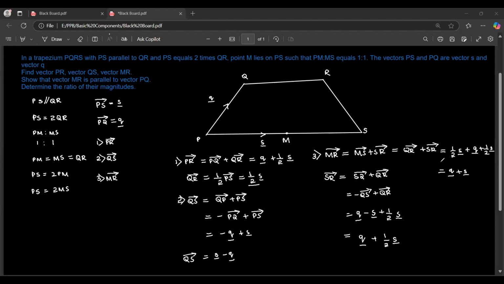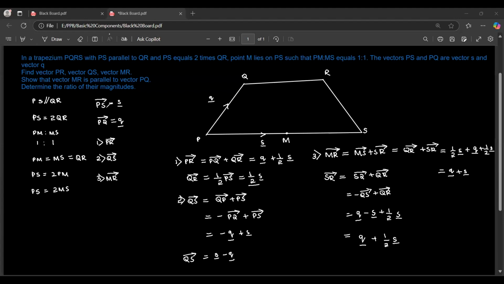So that's great. Now they're asking us to show that vector MR is parallel to PQ. What is PQ? PQ is Q, MR is Q plus S. How can it be parallel? MR is equal to MS plus SR, and we know MS is equal to QR. Yes, MS is equal to QR.